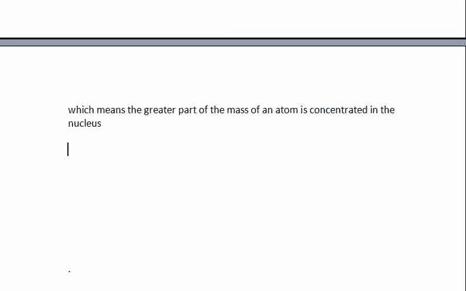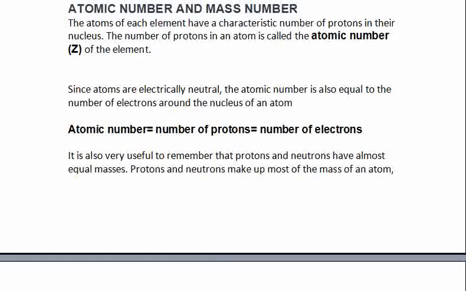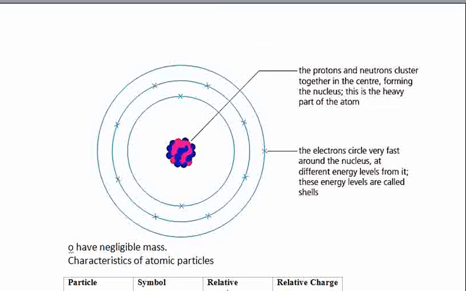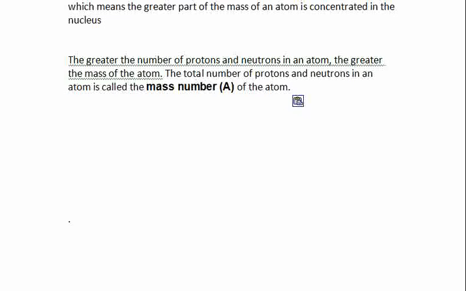Okay, let's move on. The greater the number of protons and neutrons in an atom, the greater the mass of the atom. The total number of protons and neutrons in an atom is called the mass number, represented by the symbol A. If we go back to the atom which we had here, the combination of protons and neutrons is also called the mass number of an atom.